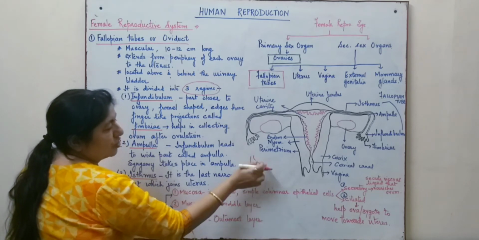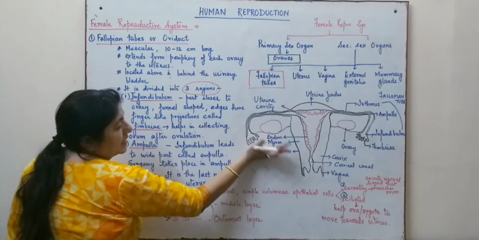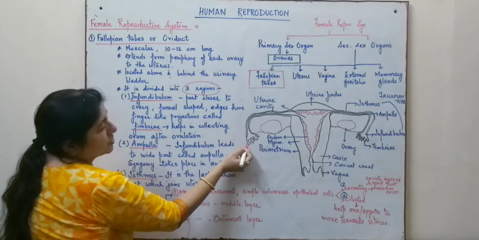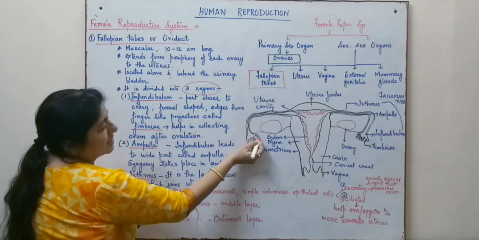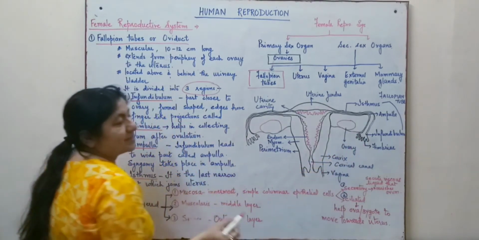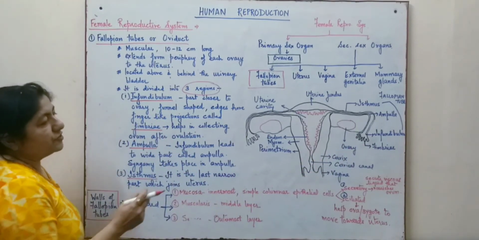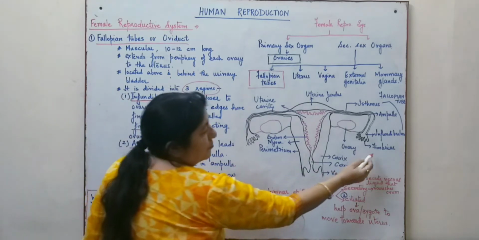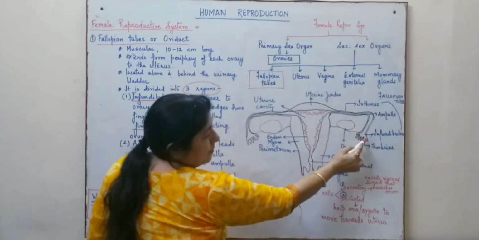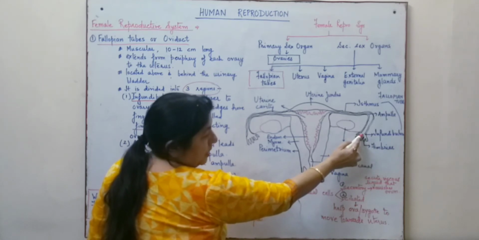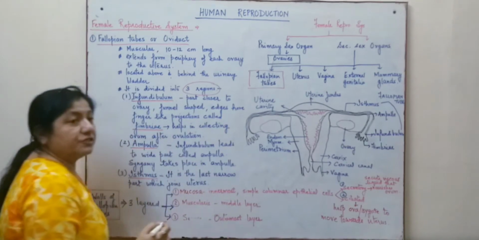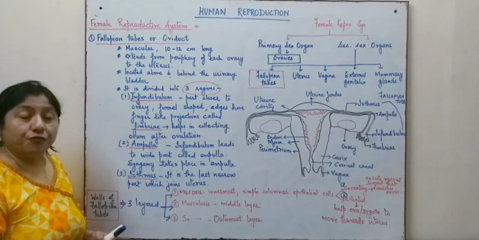The infundibulum is funnel shaped, and it has several finger-like projections, as you can clearly see in the diagram. These finger-like structures are known as fimbriae. The part which opens up as a funnel is the infundibulum, and the fimbriae are the finger-like projections present towards the ovary side.